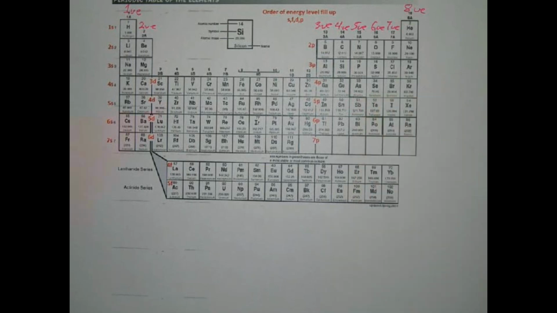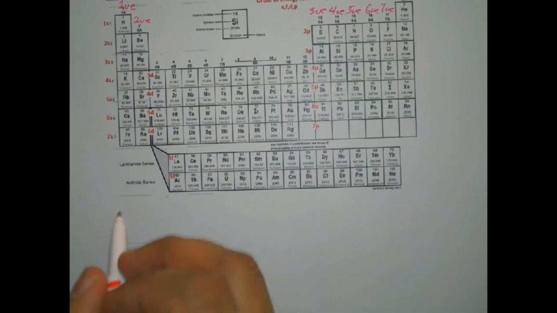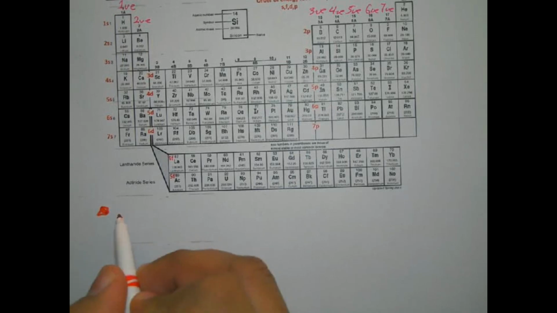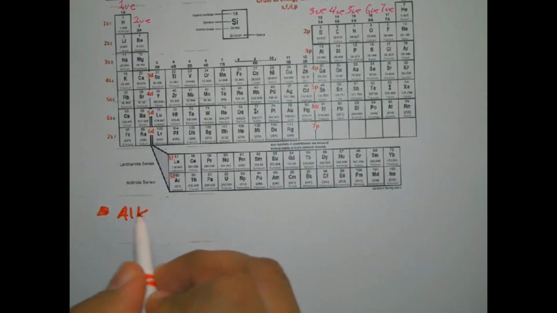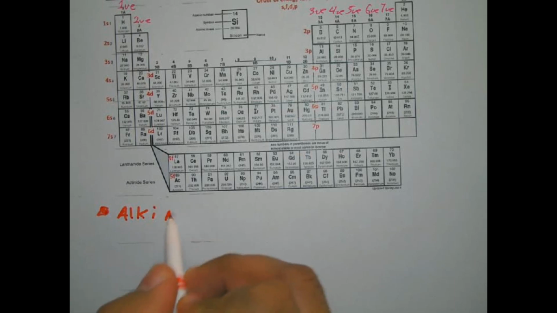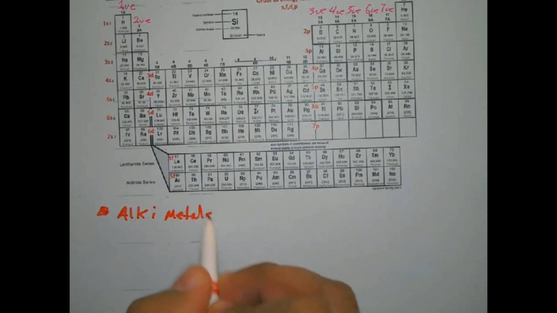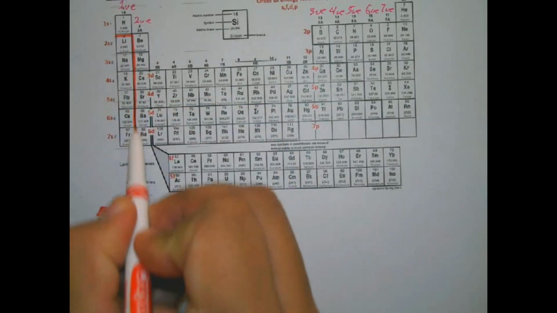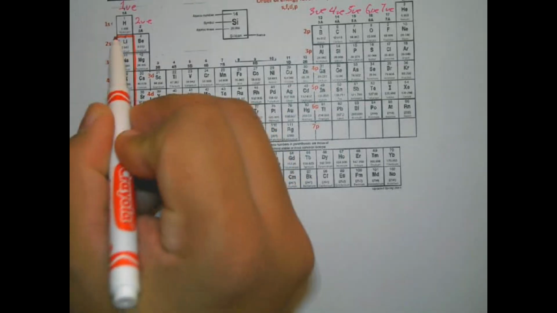So the first family we're going to look at, I'm going to do this one in red, are your alkali metals. That is your group 1s. Okay, your group 1s right here.